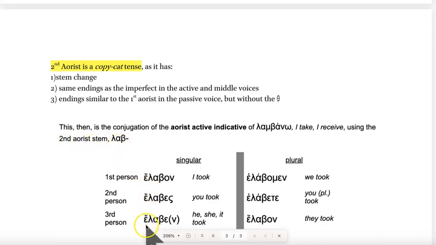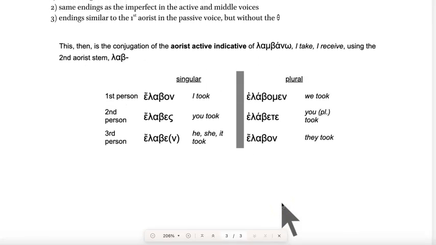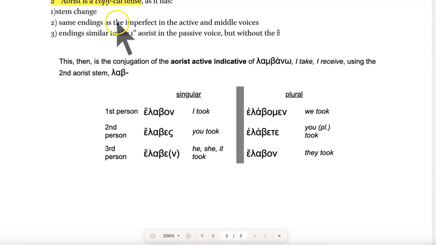Notice we've got our augment, and our endings on, es, e, omen, ete, on, are exactly the same as in the imperfect. Now, when we get to the second aorist passive, as I said here, we will have endings similar to the first aorist. We'll still have the stem change, but without the theta of the thēn, thēs, thē, thēmen, thēte, thēsan. So hopefully that will be helpful for you.